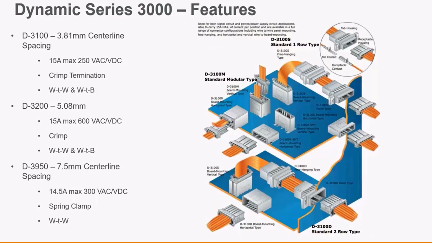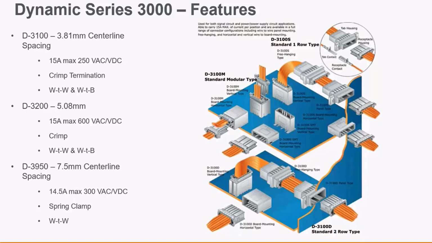Transitioning to the D3000 series, a commonly asked category, we have models D3100S, D3100M, and D3950, among others. Notably, the current carrying capacity sees a significant increase, reaching 15 amps for the D3100S and 14.5 amps for the D3950. This marks a substantial improvement from the previous series.